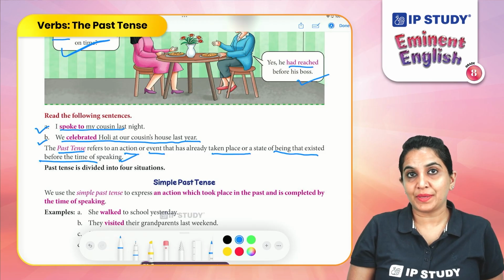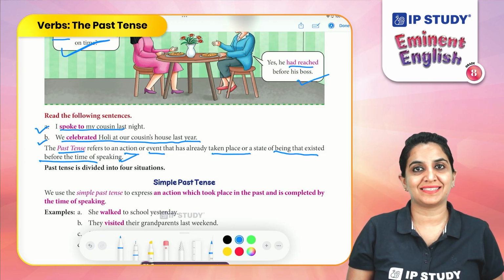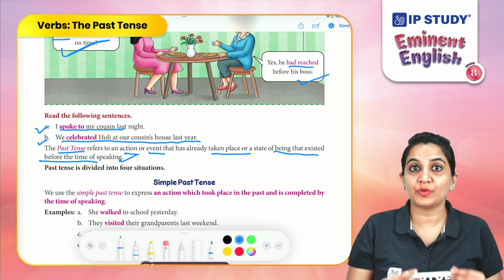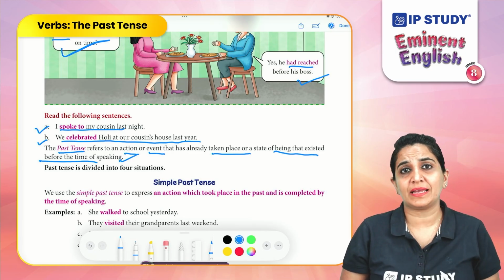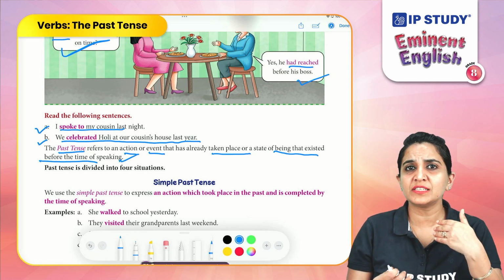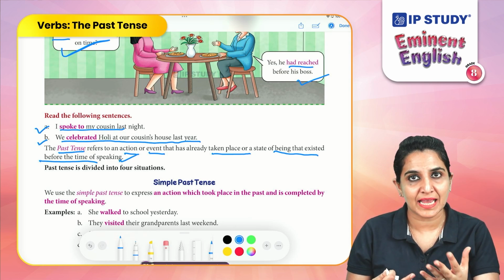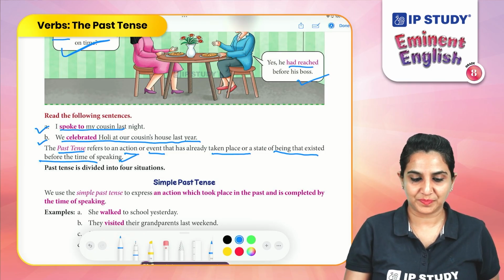Past tense simply means the actions which have happened in the past. That is why I said we will travel back in time. That means something which has happened back in time, or which has been completed at the time of speaking, is called past tense.